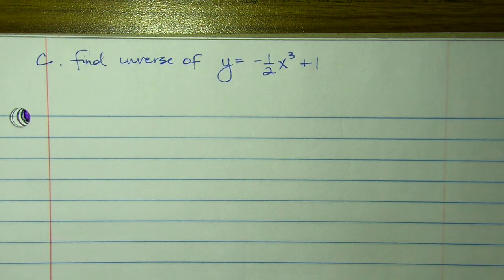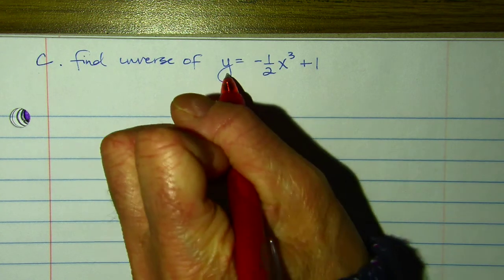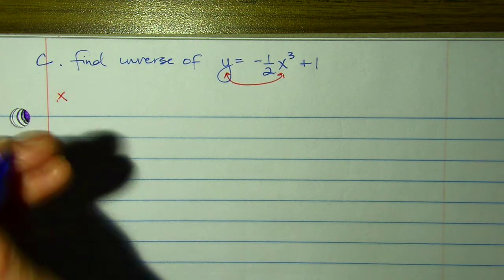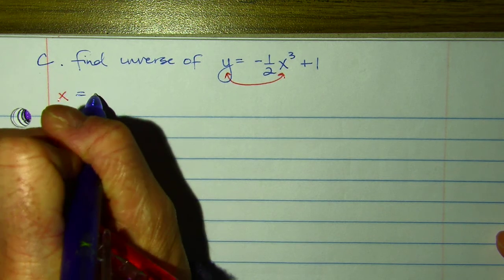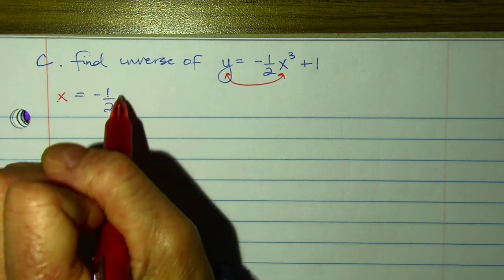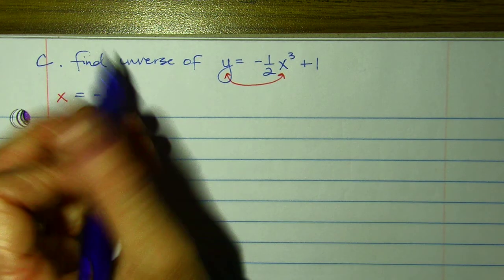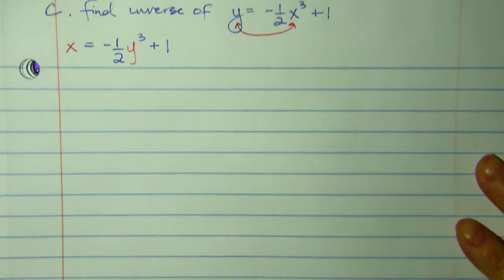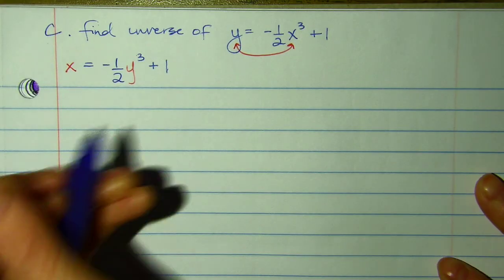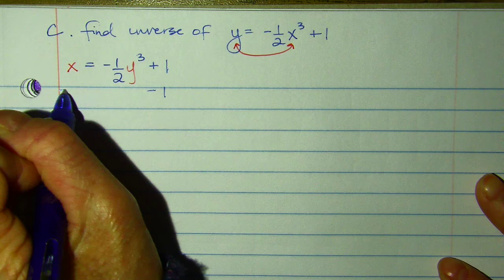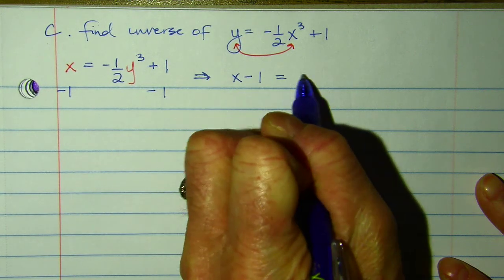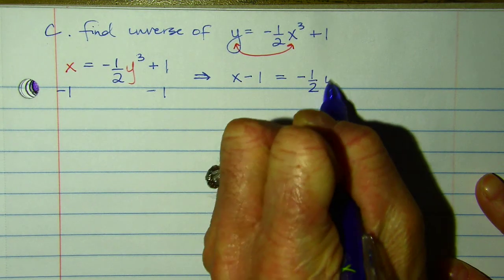Remember, the first thing we're going to do is switch x and y. So x equals negative 1/2 y cubed plus 1. The next step is to get y by itself, so I'm going to subtract 1. x minus 1 equals negative 1/2 y cubed.